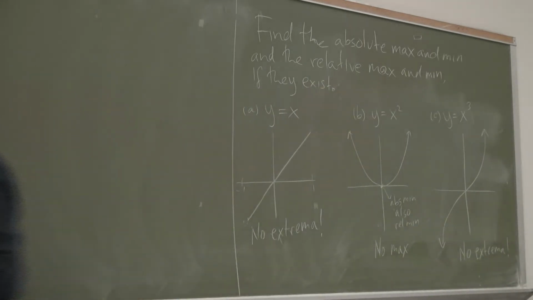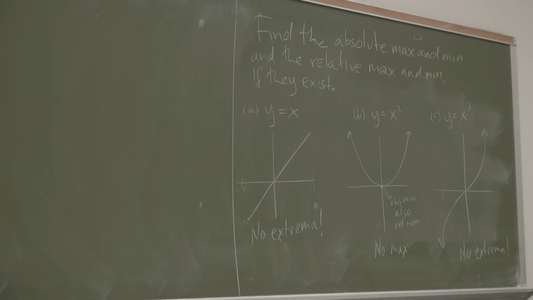What about sin x? -1 and 1, right? Sine looks like this. It keeps going on forever, right? The highest value it attains is 1. The smallest value it attains is -1.